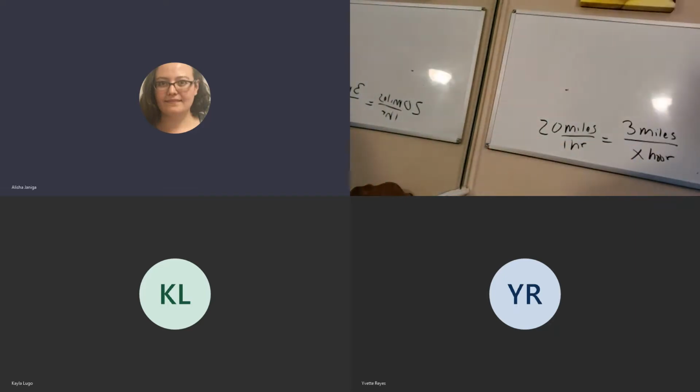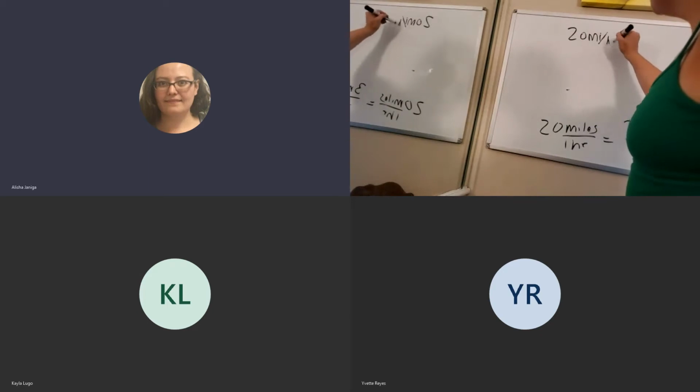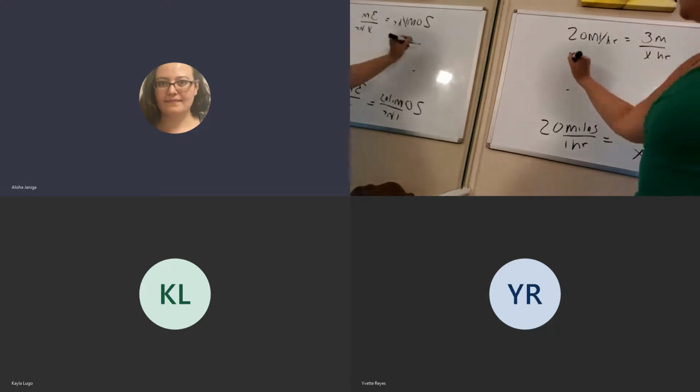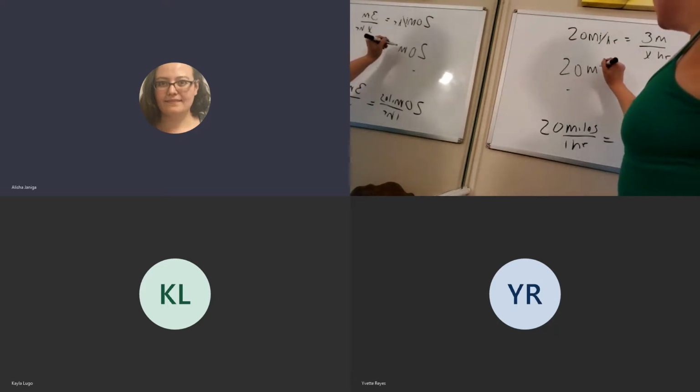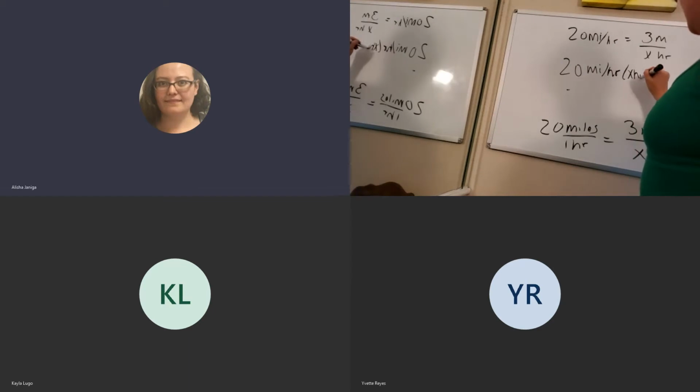You want to do both? So the long way we have our 20 miles per hour, 3 miles, X hour. We send the X over, for X hours.